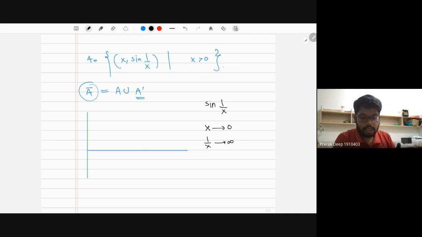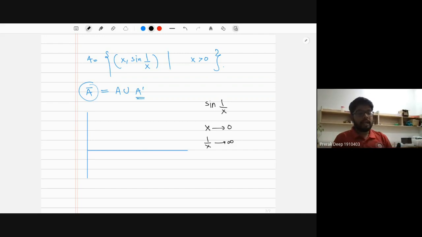So by moving very slightly towards 0, you are covering a lot of large positive integers on your way.